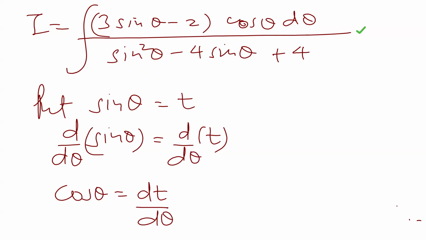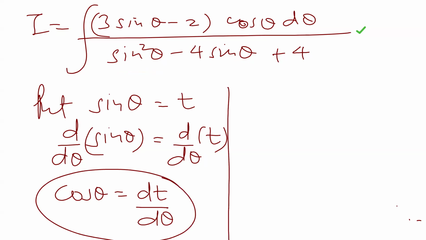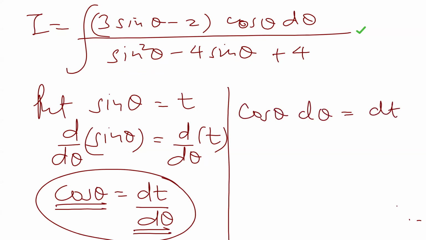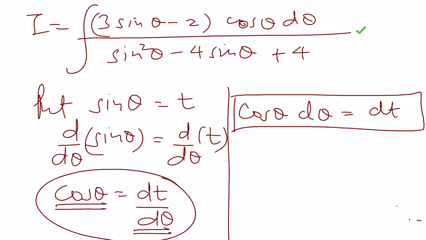Look at this term and tell me which terms to group. So the answer is we can group cos theta d theta, which is equal to dt. Cos theta d theta is equal to dt. Fine.